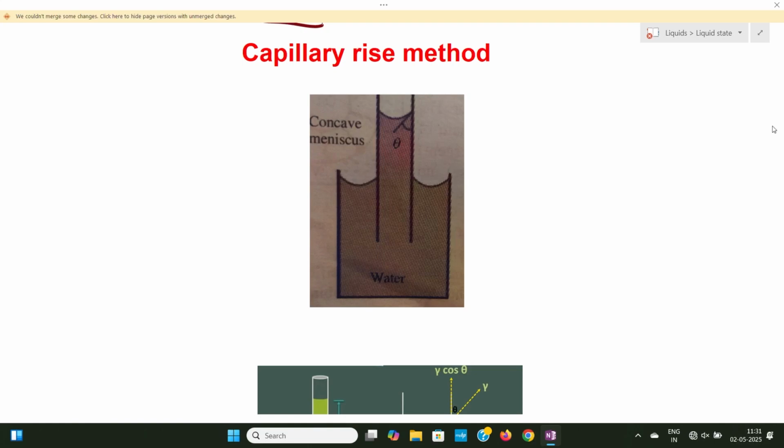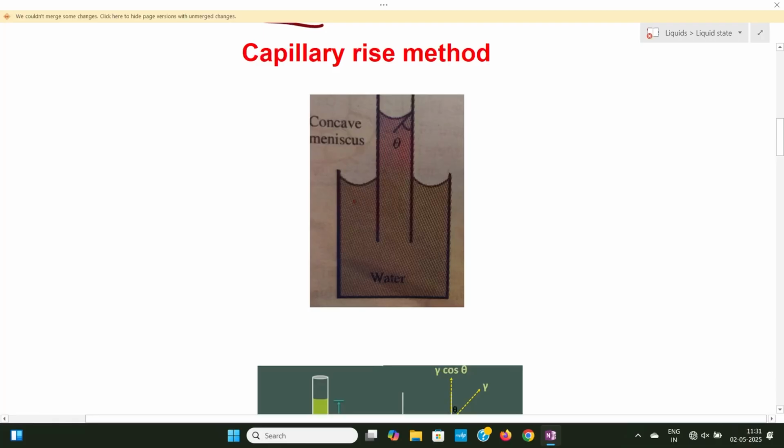Once again, I repeat, when we place a capillary tube, that is a glass tube with the internal diameter, upright in a liquid, what will happen? Either the capillary rise will happen or the capillary fall will happen. This depends upon the nature of the liquid. This is called capillary action.